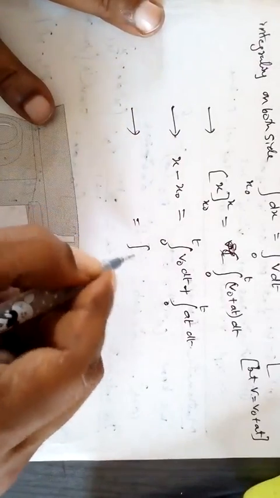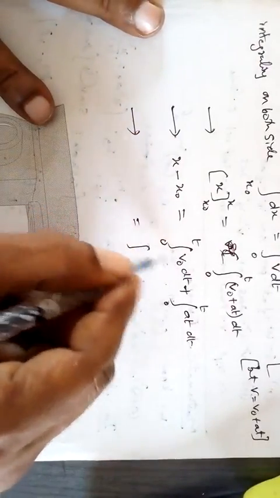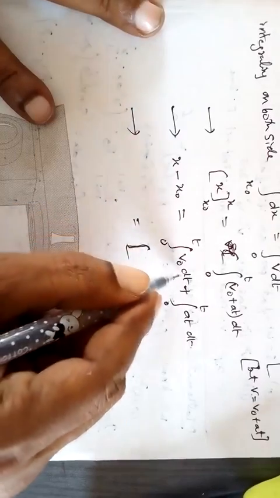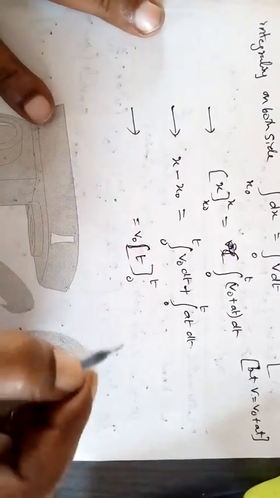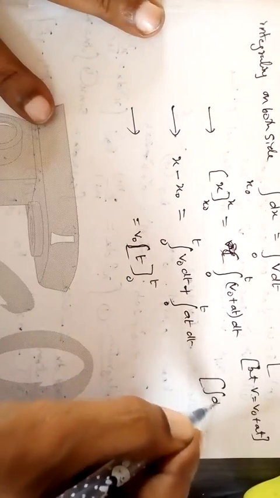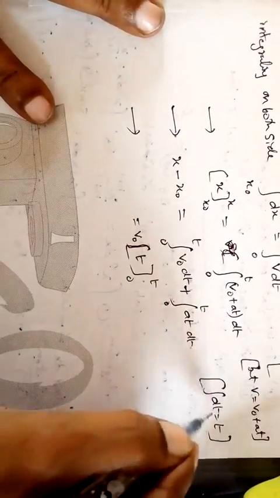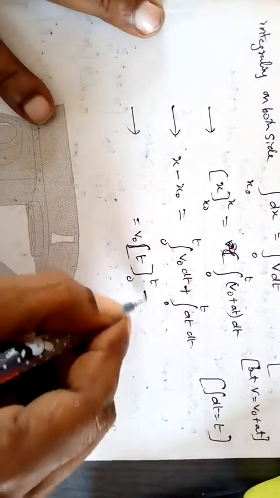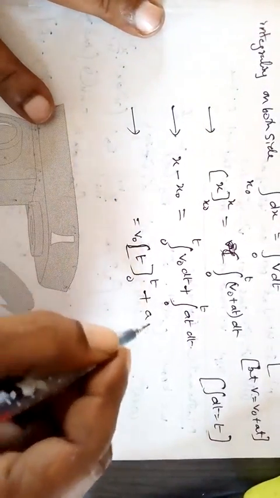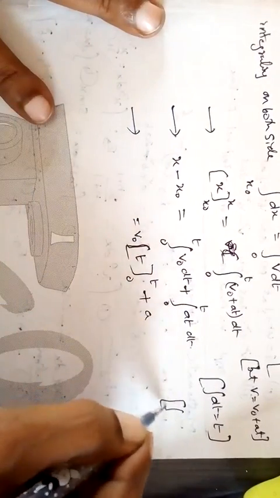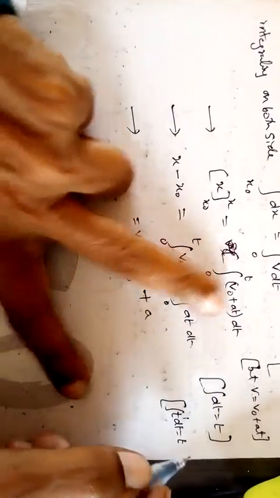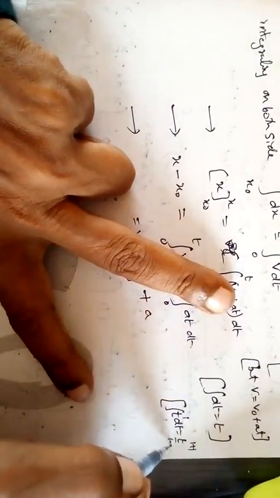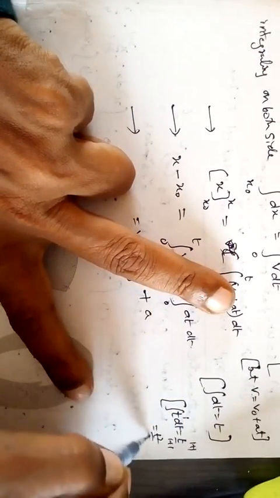Now integral dt is nothing but t, v0 I am keeping outside, limits 0 to t. Remember, integral dt is equal to t, you have to remember this. Plus a outside, and again integral t dt is t power 1, so 1 plus 1 by 1 plus 1, that is t square by 2. I have given the formula, just go through that formula.